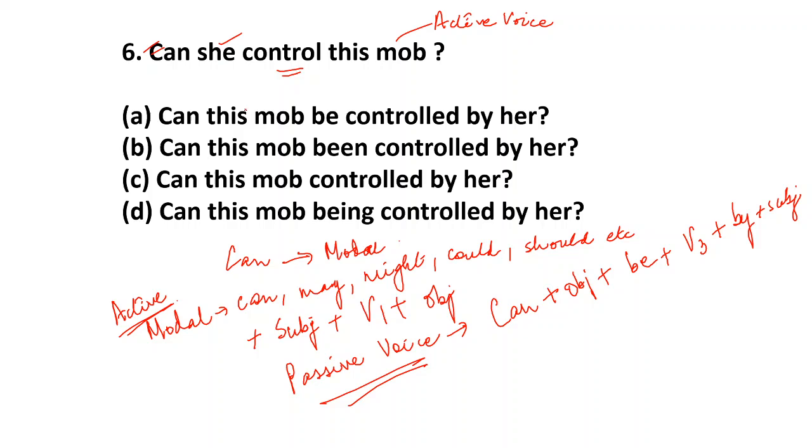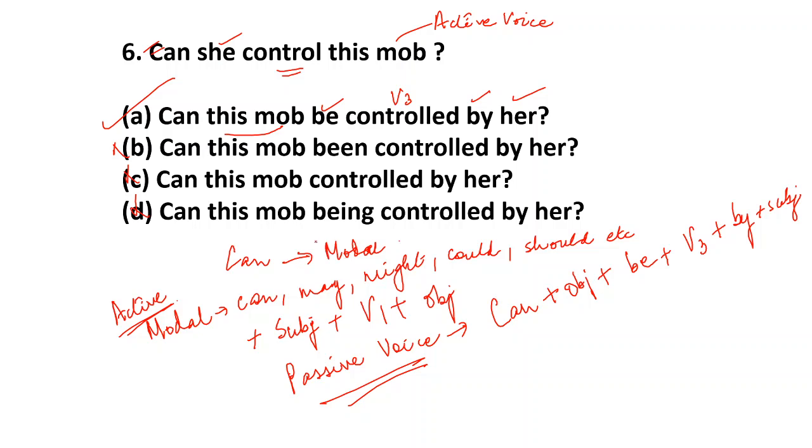So this will not be correct. This will not be. This is the correct answer: can, object, be, this is V3, this is by, and this is the subject. Isn't it a very easy way? So learners, please learn this rule and how you can apply it.